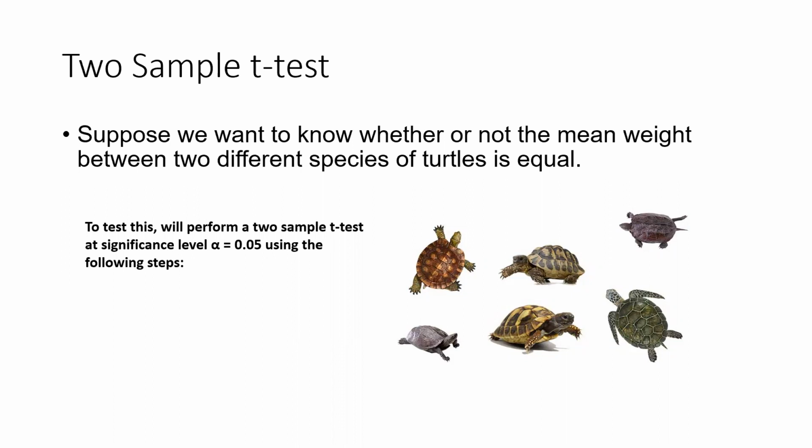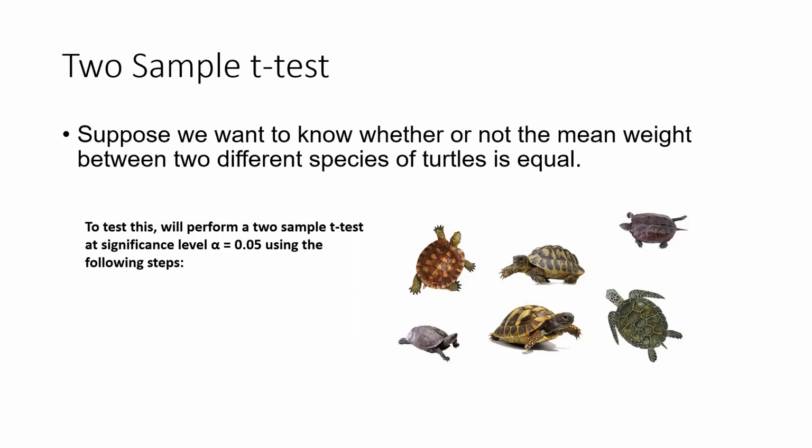They wanted to know if two different species of turtles have the same weight or not, because it would help them when they want to treat them with the doses of the medicine. So if they assume that their average weight is equal, it helps them a lot in terms of injecting the drug on their bodies, right? So we want to test that, and this is a big question for the researchers.